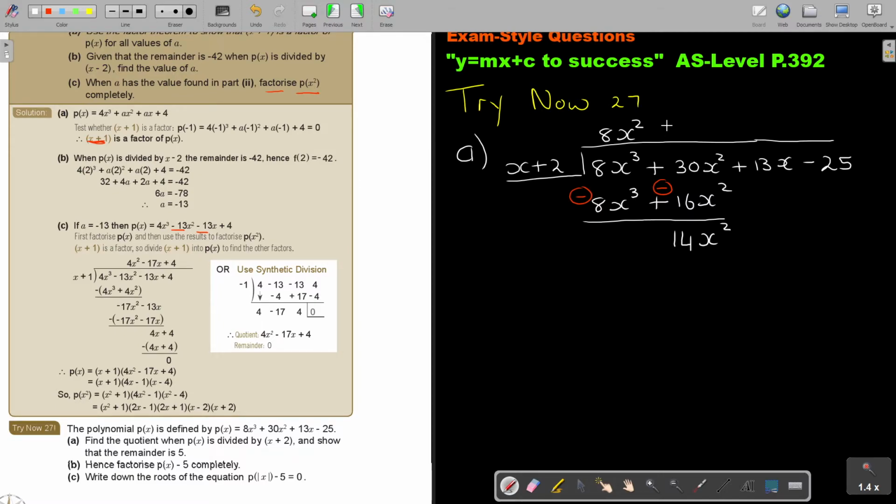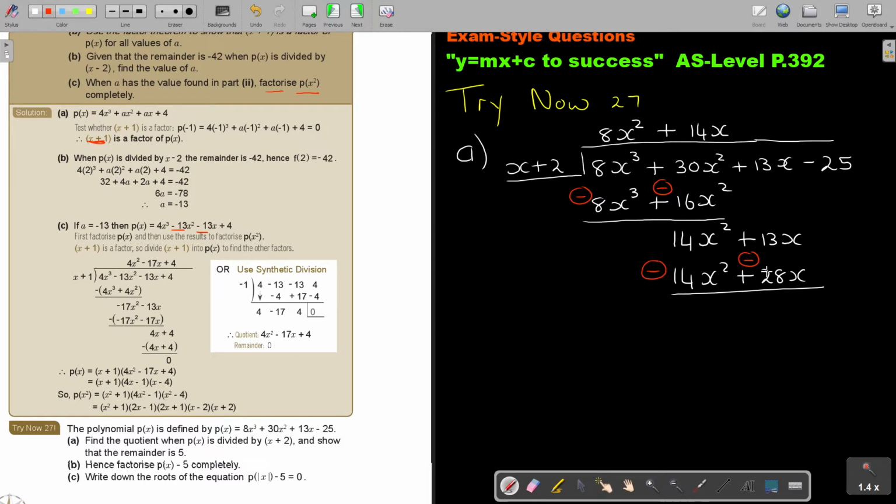Then I divide, and I get 14x. And I multiply, and I get 14x squared and 28x. I bring down, okay, I change the signs. Why? Because I do subtraction. Cancel.